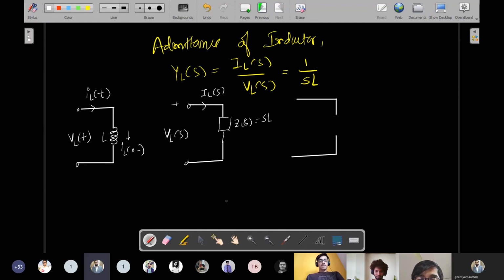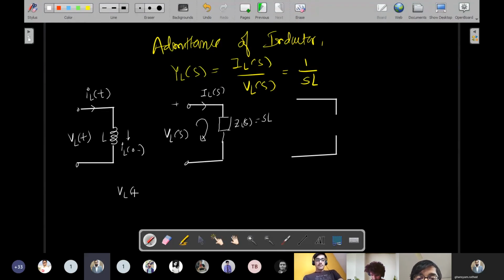Now suppose I am not considering the initial condition as 0. You can easily apply KVL here and you will come to know the equation. Let me show this one. If you apply KVL here, what are you going to write?